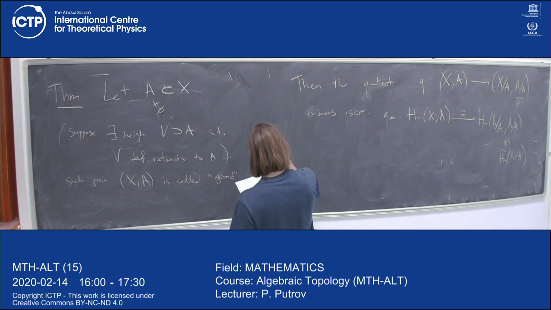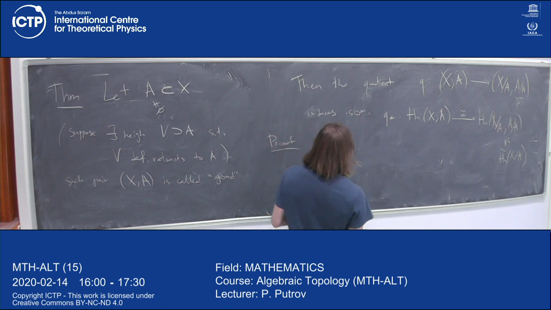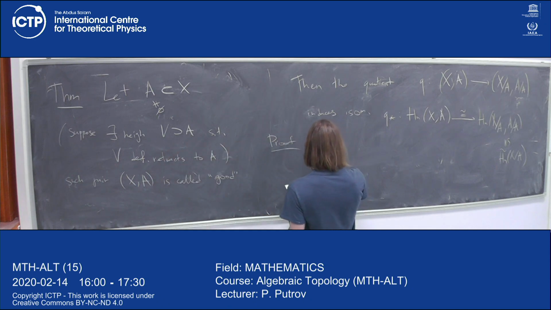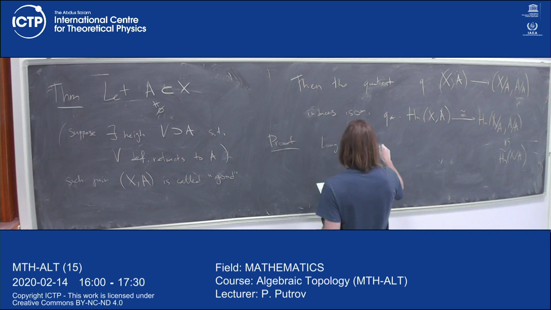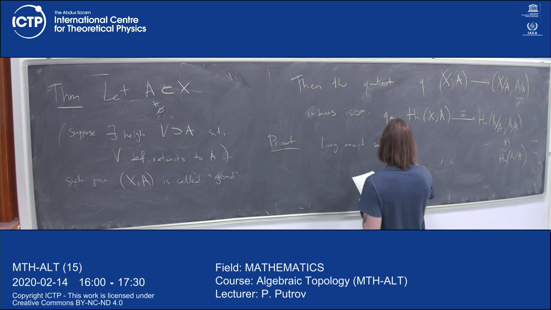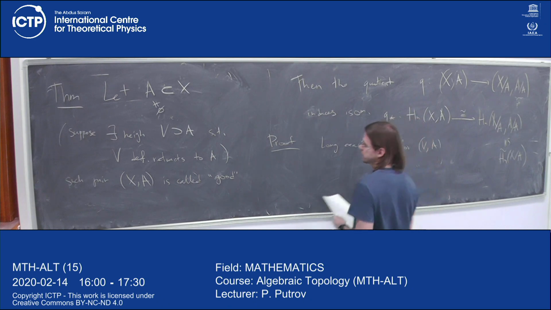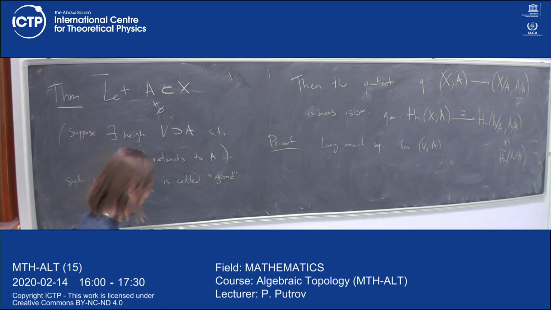So what is the proof? We use the result for the long exact sequence for a pair of topological spaces. So we can write the long exact sequence for the pair V and A. V is our neighborhood, which satisfies this condition.